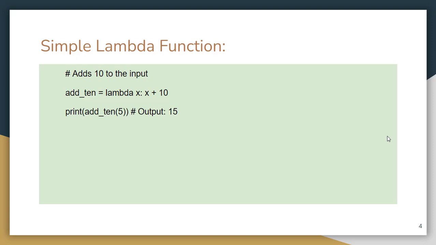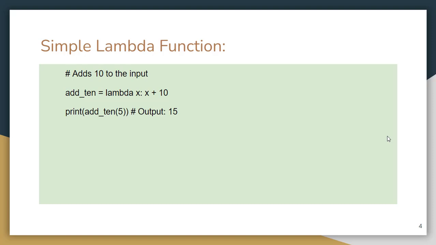Here add underscore 10 is not a variable, it is treated as a function. After that give an equal sign and you need to use the keyword lambda. After that provide the argument or parameter x. Here x is a single parameter. Then give colon x plus 10.